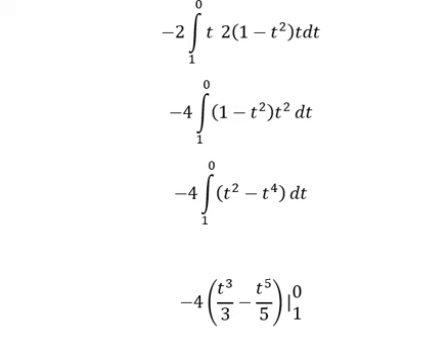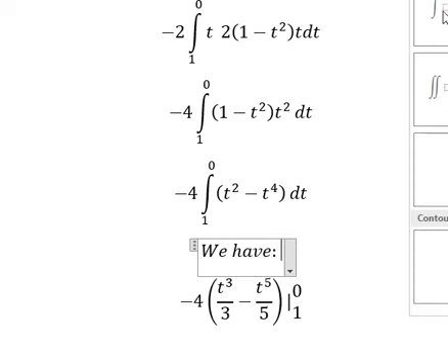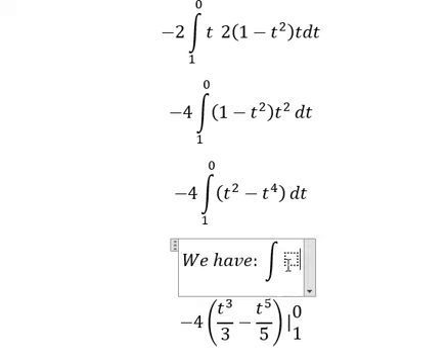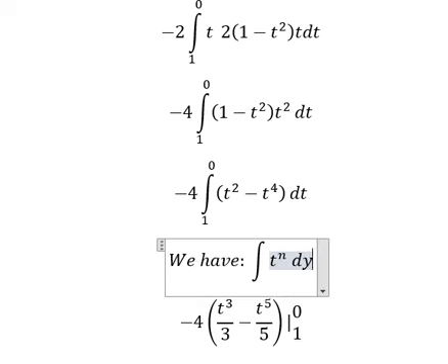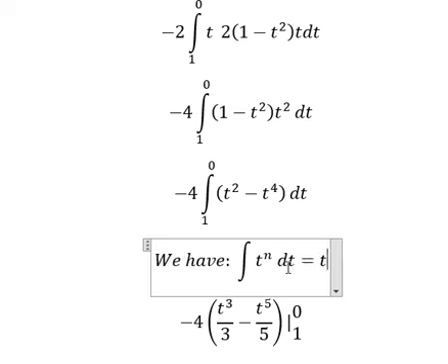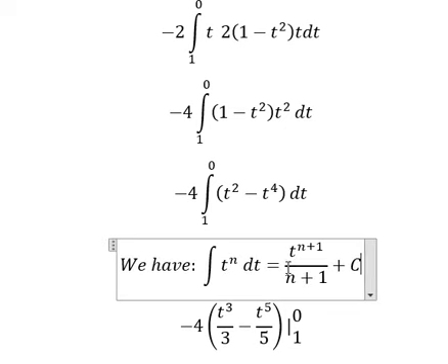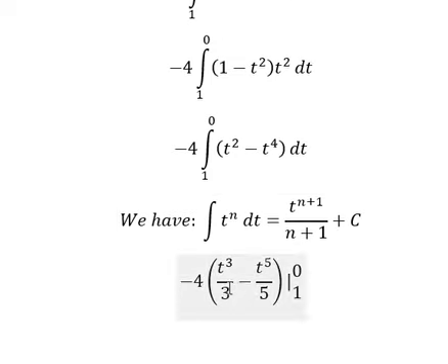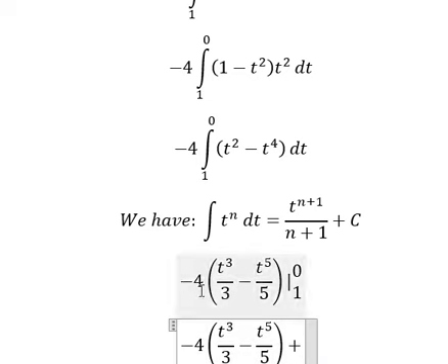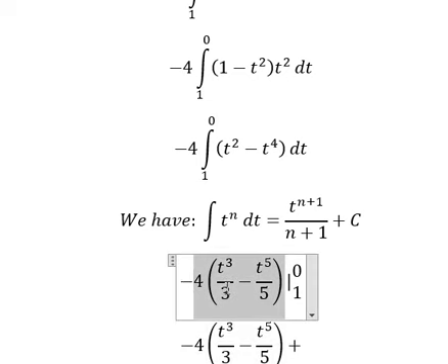Because we have the formula in here. So we put 0 in here, 1 in here. So negative and negative, we have positive.